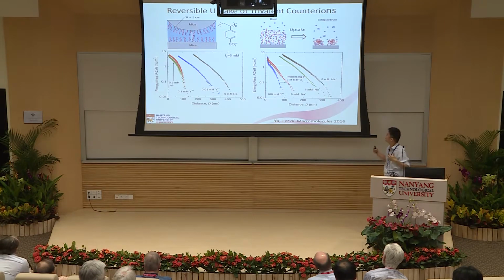And you can accelerate this process by using a high concentration of monovalent salt solution, which will replace most of the trivalent counterions. After that, if you measure the force-distance profile in a low concentration monovalent ion solution, the force-distance profile almost recovers to its original shape and range of repulsion.